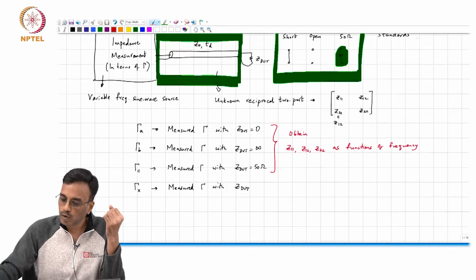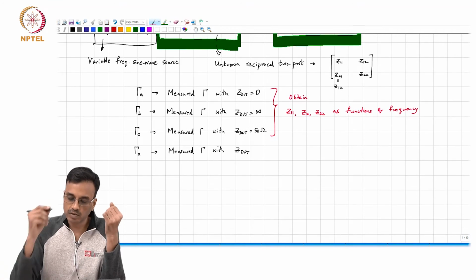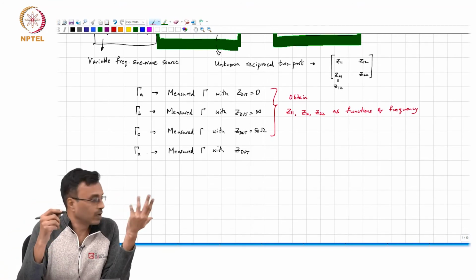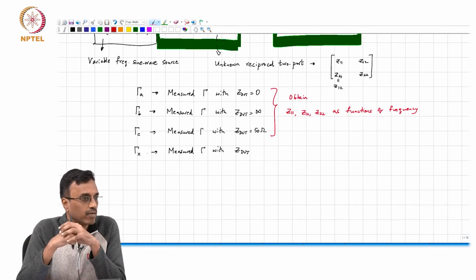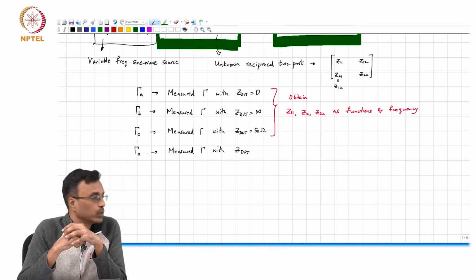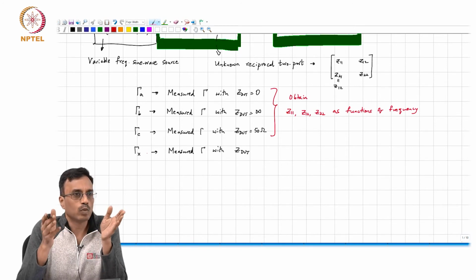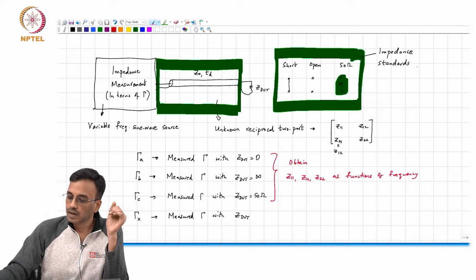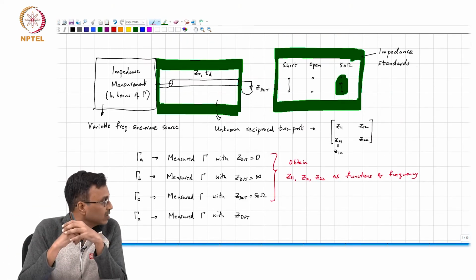Once you obtain these as functions of frequency, it is pretty much straightforward algebra to find what the true reflection coefficient would be, provided this 2-port was not there, all right. And that is basically what is done.